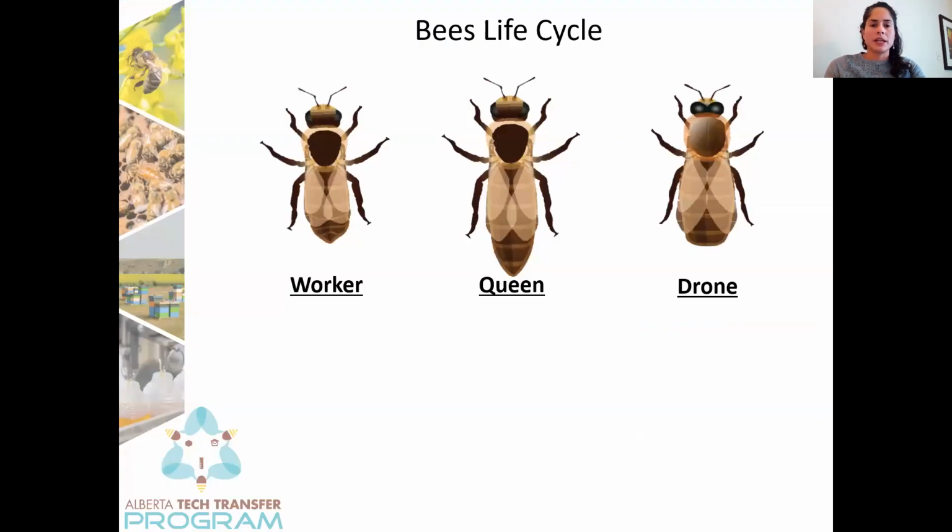The bee's life cycle is slightly different for each caste. All of them, worker, queen, and drone, have 3 days as an egg. The egg hatches, and then at day 4, they are larvae. So the time is the same for the egg life stage, but is different for larvae and pupae.